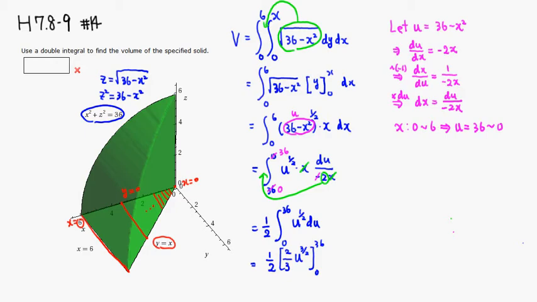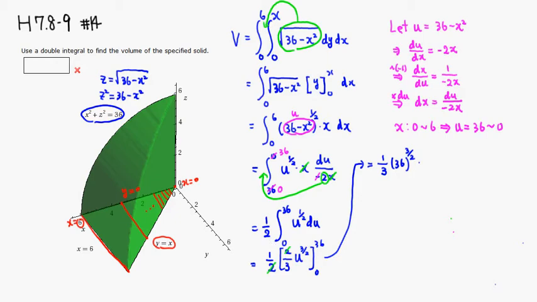We can simplify: there's a 2 on top and a 2 on the bottom, which cancel out, so 1/3 can be pulled out. Then you plug in 36 raised to the 3/2 power, and plugging in 0 gives 0, so you just get that.